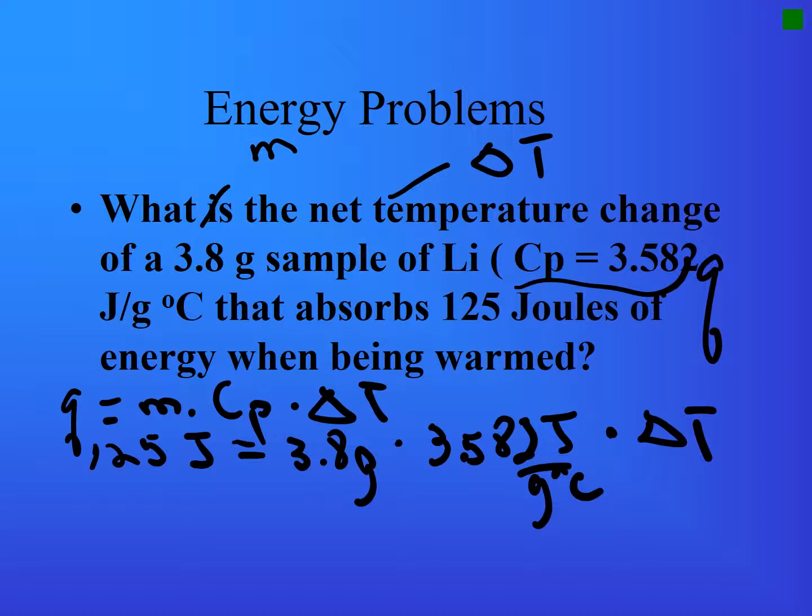When we solve for ΔT, we take 125 divided by parentheses 3.8 times 3.582 close parentheses. So our ΔT is equal to 9.18 degrees C.